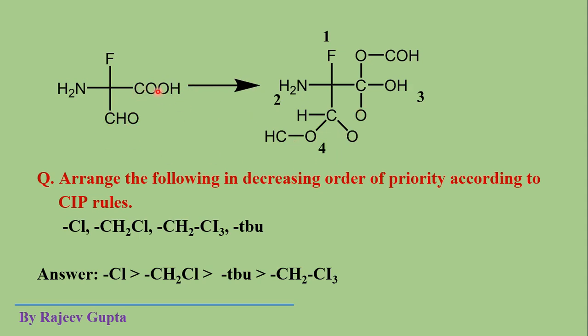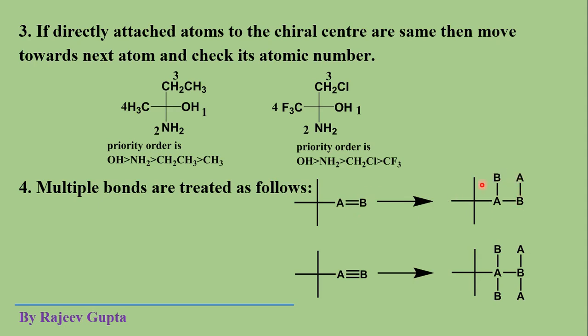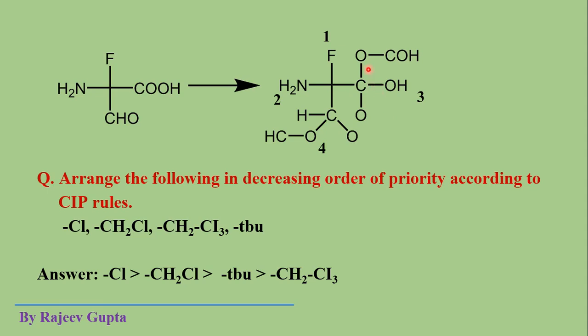But if we break this COOH group, C double bond O, one pi bond breaks, and here we get oxygen, and this group goes here, COH, and this oxygen here. As we saw in the earlier example, B goes here and A goes here.